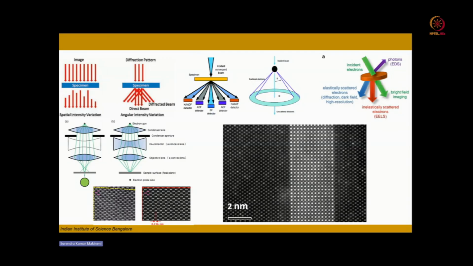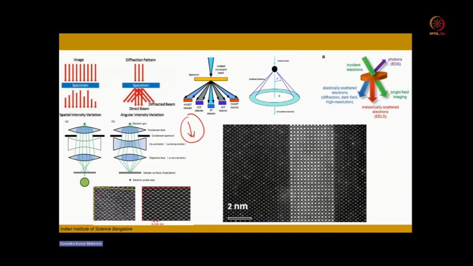As I told you, as the probe size reduces, your resolution also improves. If the probe size is in the order of the lattice spacing, then you can get atomic resolution imaging. However, there are certain aberrations which are very important: chromatic aberrations and spherical aberrations. Chromatic aberrations can be avoided by using a monochromator, where you are actually working on the source.